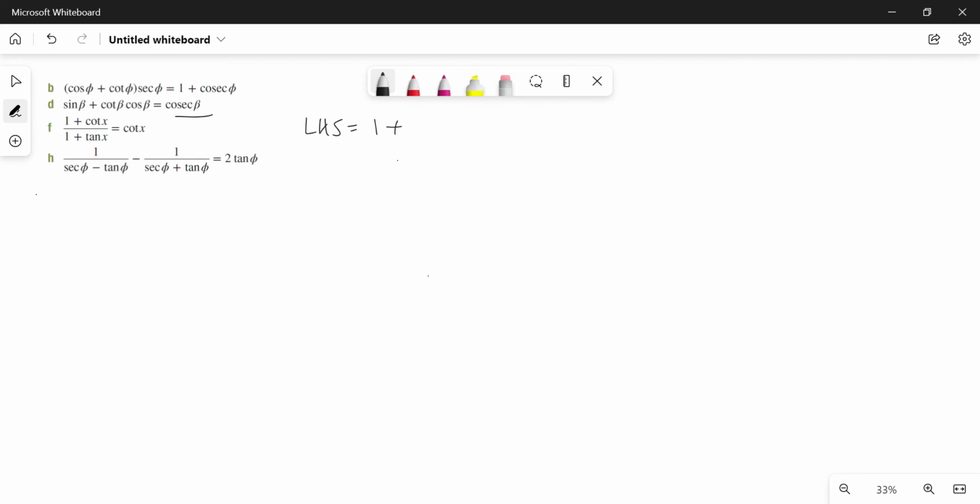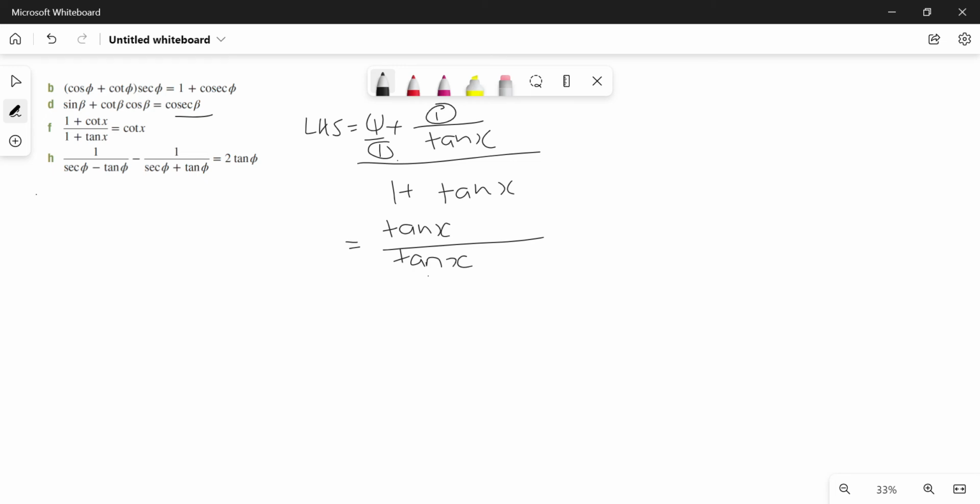So cot again is 1 on tan. We know that one, and I can keep the 1 on tan x on the bottom. So if I look at the top now, I want to make a common denominator on the numerator of tan x. So at the moment this is 1 on 1. So if I times it by tan x, I need to times the top by tan x. And then it's just plus 1 over there.